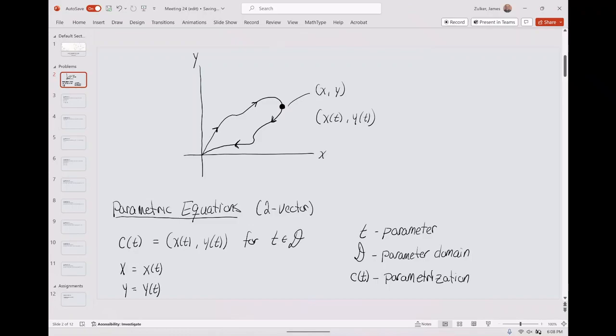And if you write it as the ordered pair C of t, we call that a parameterization. The curve that's represented by C of t is called a parametric curve.